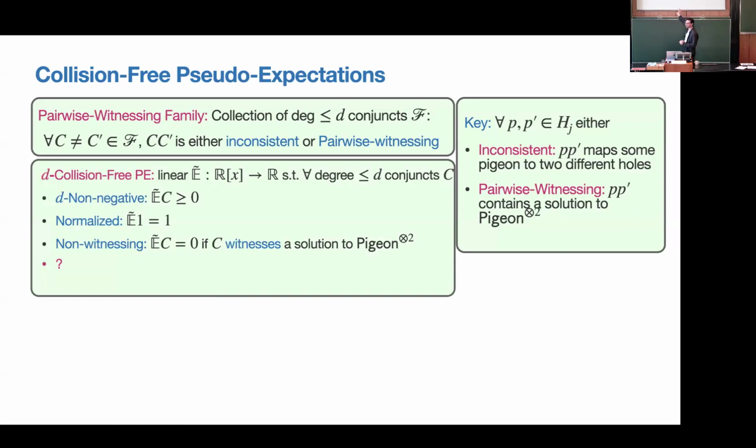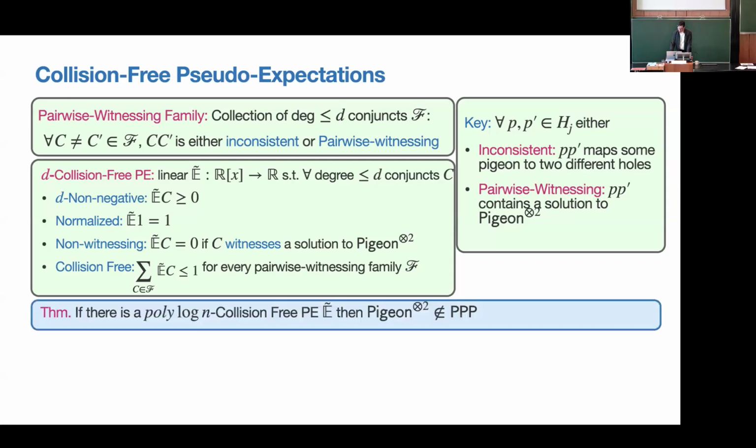It's the standard pseudo-expectation as before, but we also enforce the additional property that every hole is going to get at most one pigeon, as I'll show you in a minute. Equivalently, for any pairwise witnessing family, that is any family of conjuncts or paths satisfying these two conditions, the mass is at most one.